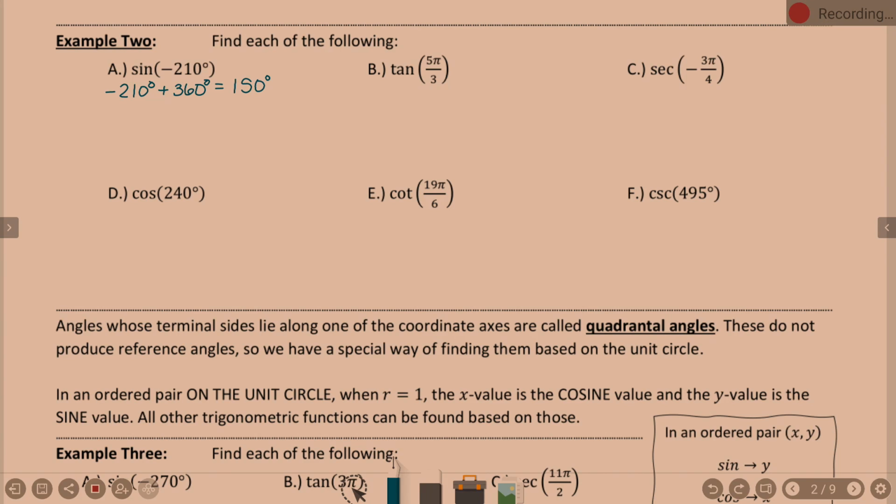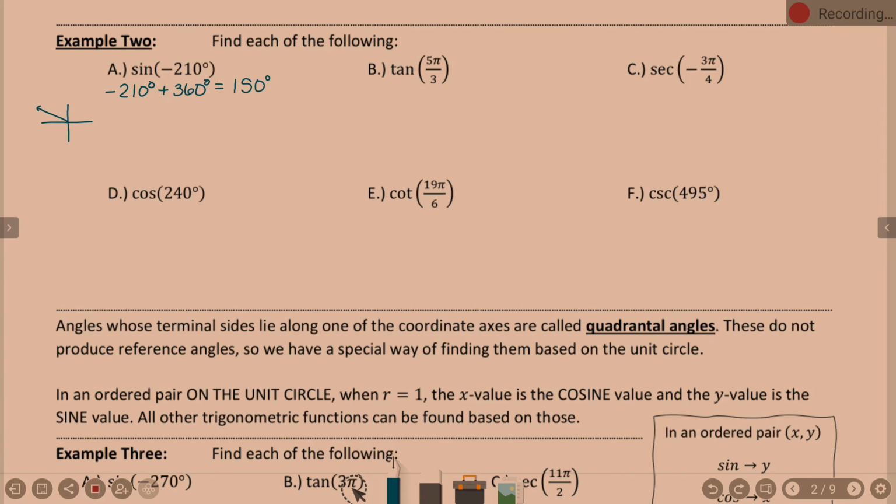Now, with that in mind, I need a reference angle, yes? So where is 150? Quadrant 2. Are you with her? My picture may not be accurate, but it's in quadrant 2, yes? Because 150 is more than 90, less than 180.